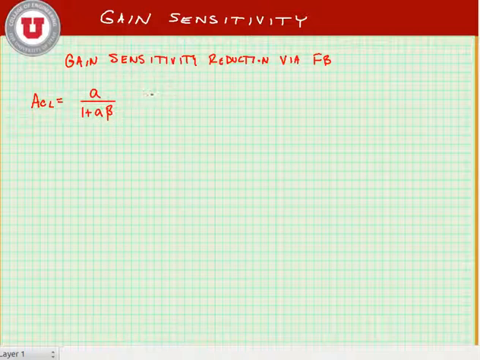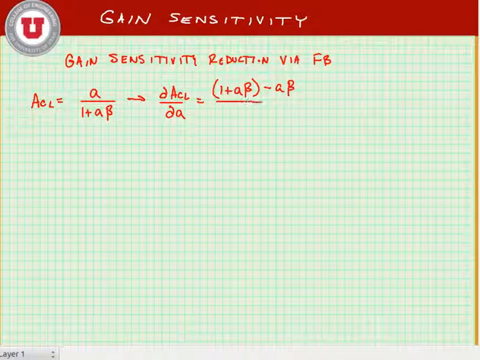So if we take the derivative of the closed loop gain with respect to the open loop gain, we would get the following quantity: 1 plus a times beta quantity minus a times beta, divided by 1 plus a times beta quantity squared. And if we manipulate this, we see that this is equal to 1 over 1 plus a times beta quantity squared.